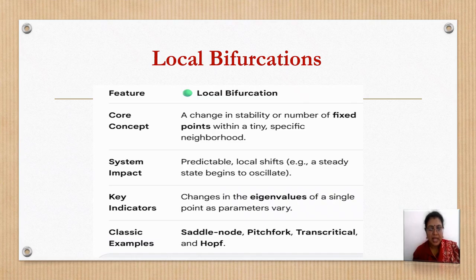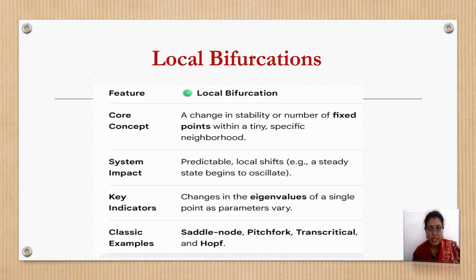So now that we have learned what a fixed point is, what a stable or unstable fixed point is, what a bifurcation point is, then phase portraits and bifurcation diagrams, now we are entering into the types of bifurcations. So we will look into some simple bifurcations called local bifurcations. What are local bifurcations?